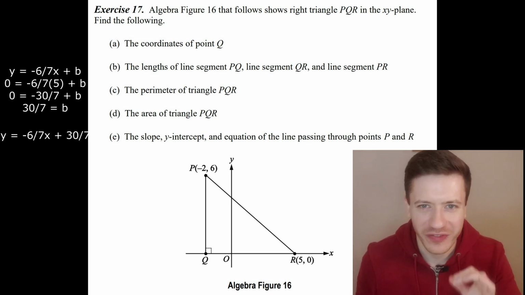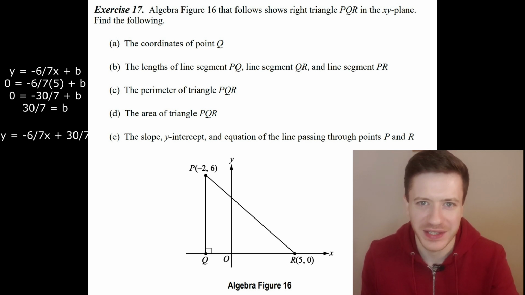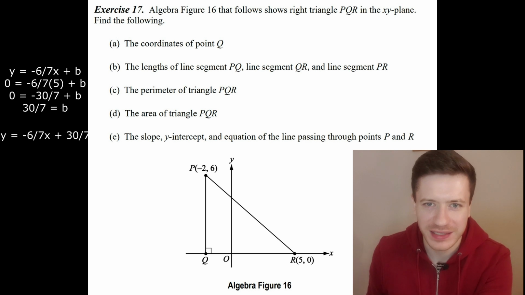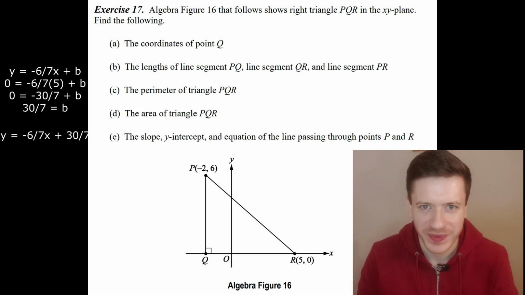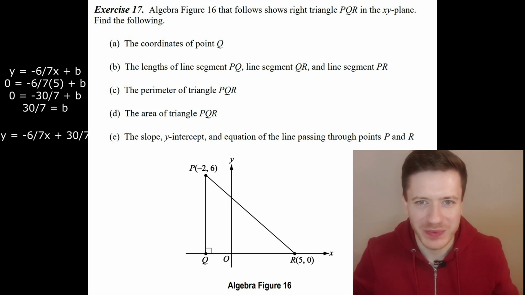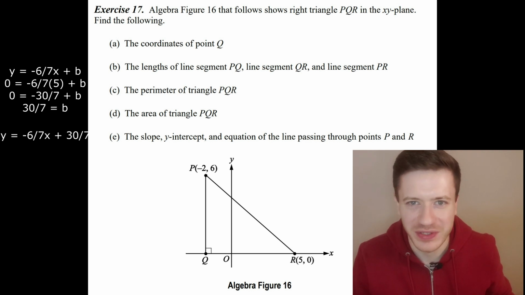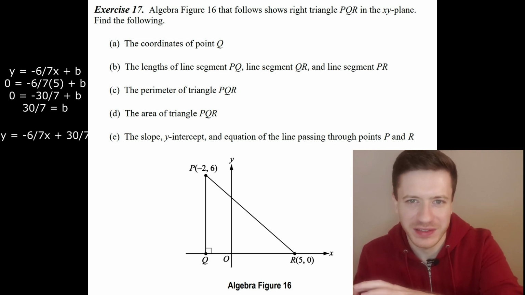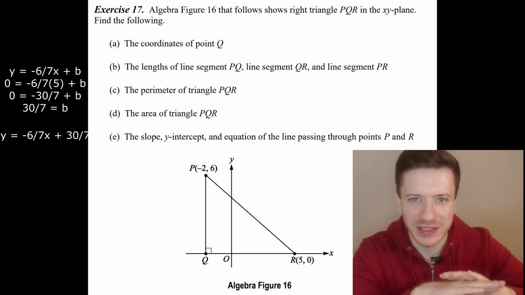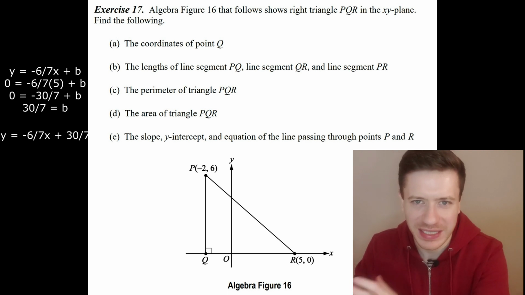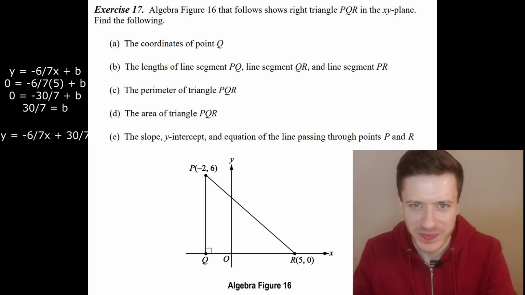We now have the full equation of the line. y equals -6 over 7x plus 30 over 7. Just for a massive brownie point, just from me, they're not asking us to do this, but imagine if they asked us to write the equation as ax plus by plus c equals 0 without any fractions.